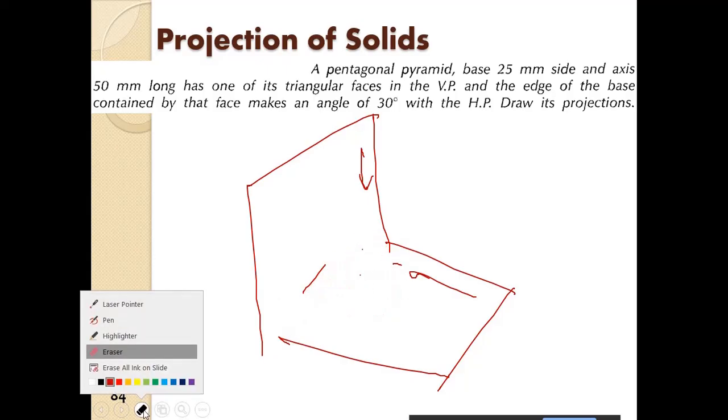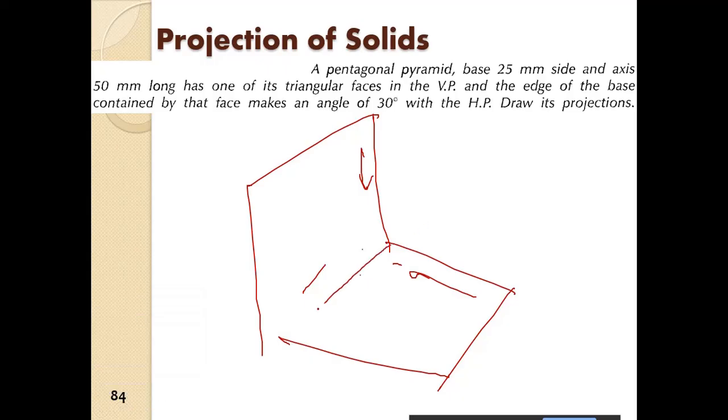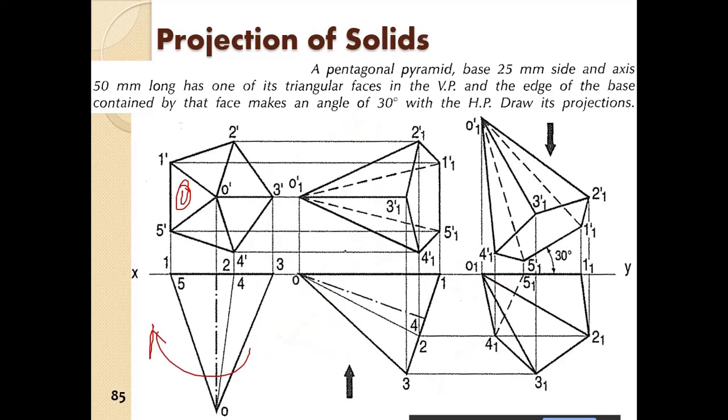So the first step is we take the pyramid in this manner, standing in this way. That is why the base of the pyramid is shown in the front view.